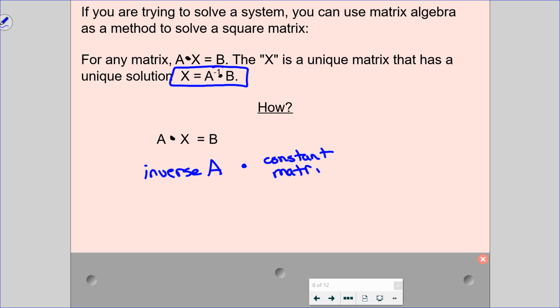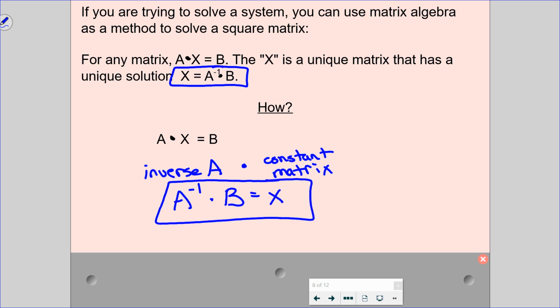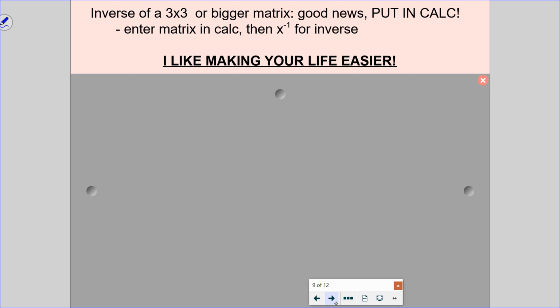And this is going to help us solve for our actual variable that we're trying to find. So you're going to see me write A to the negative 1, our inverse, multiplied by our B is going to be equal to our x. And we could go through and actually show matrices to see why and how this happens. So let's give you an example.